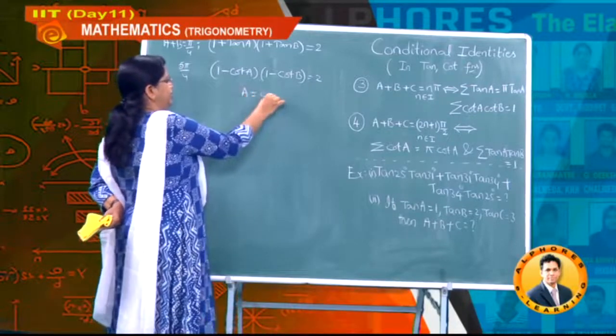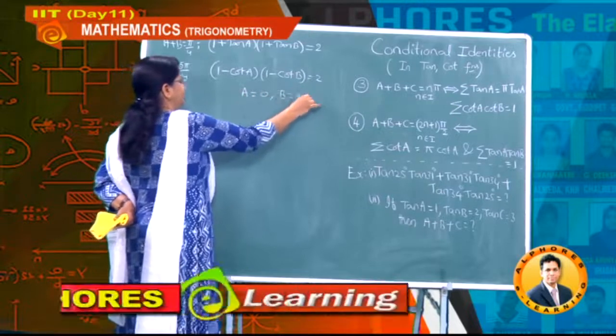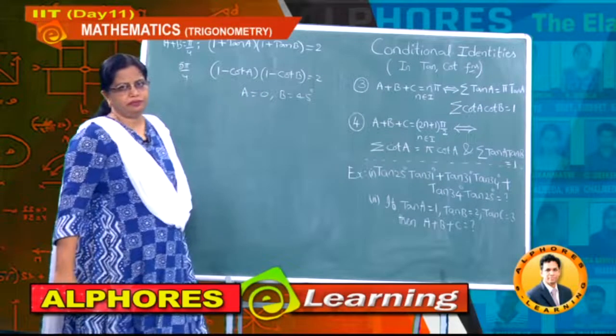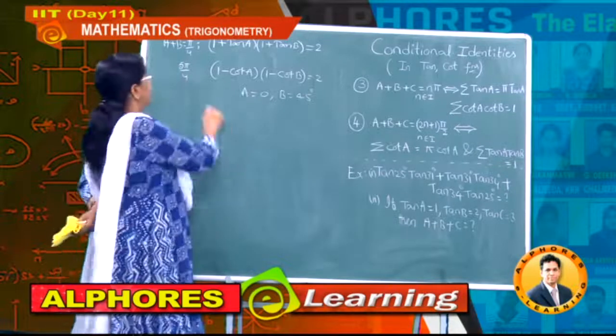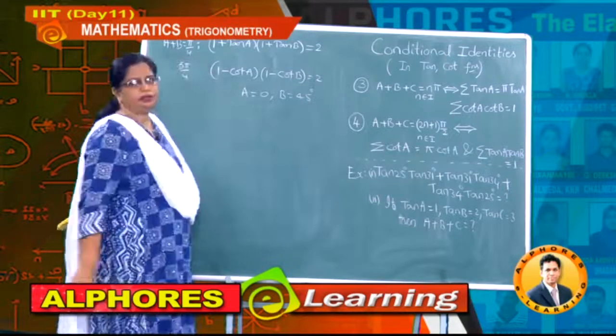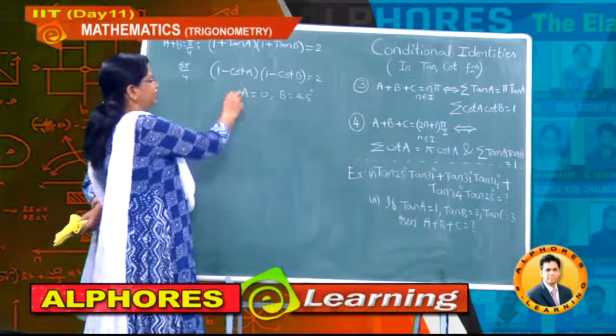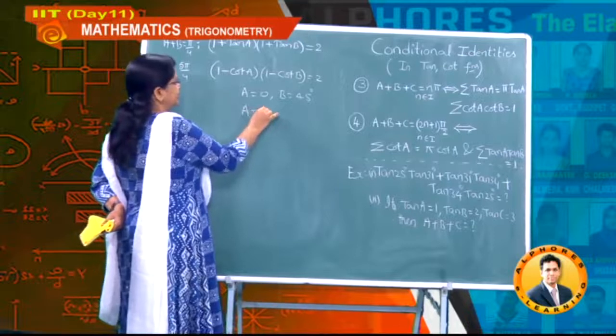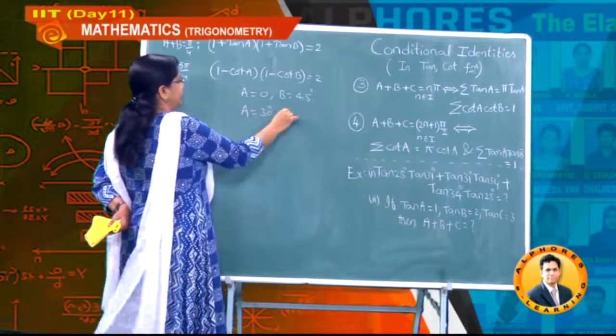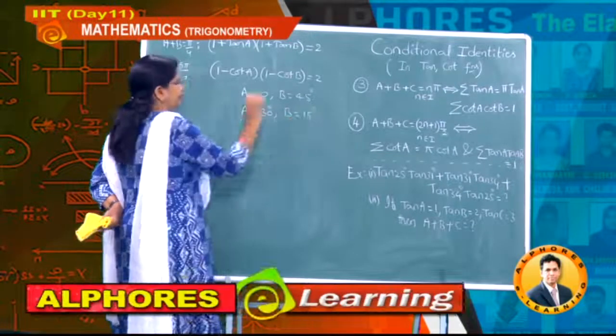So here you are not supposed to consider A as 0 and B as 45 degrees. The sum still has to be 45 degrees, so choose one angle as, suppose, 30 degrees, and the other angle as 15 degrees.